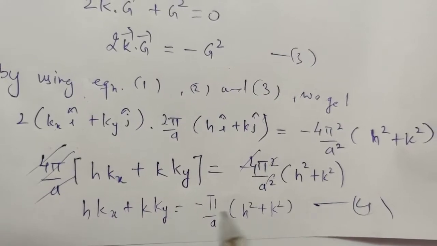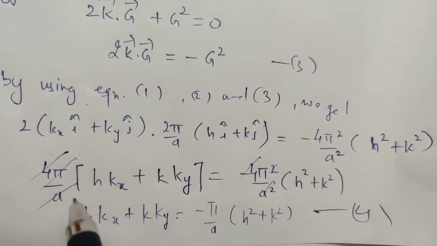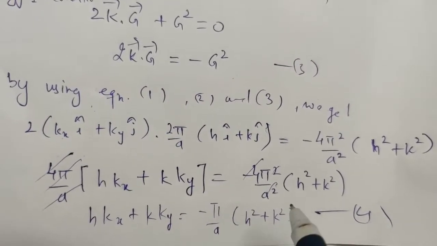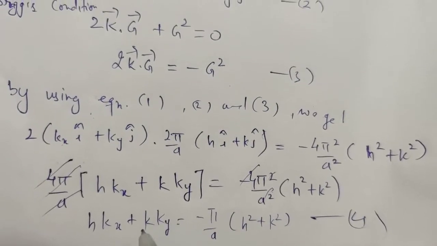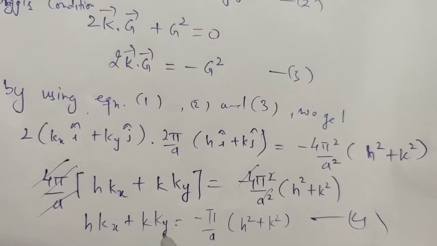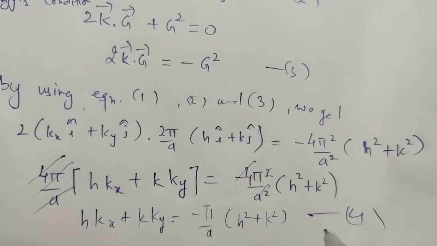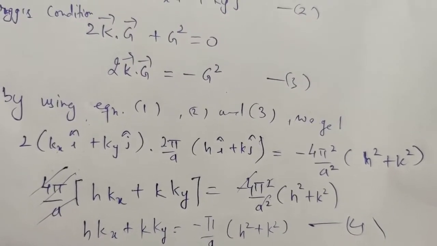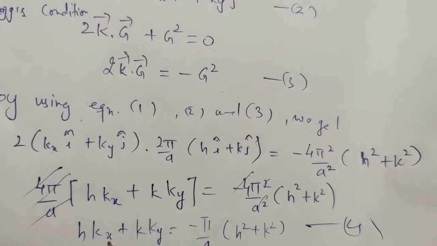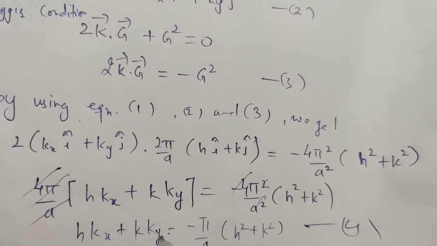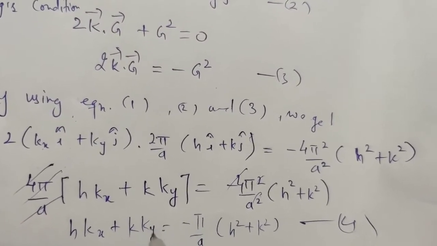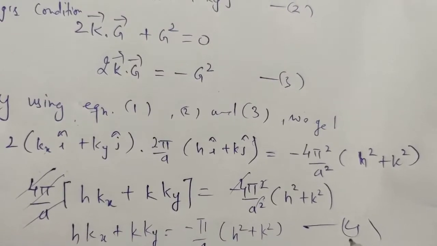So as you can see, this equation number 4 represents a family of straight lines in your kx and ky plane. So from this equation we can find out the intercepts kx and ky. Let us find the intercepts kx and ky from equation number 4.